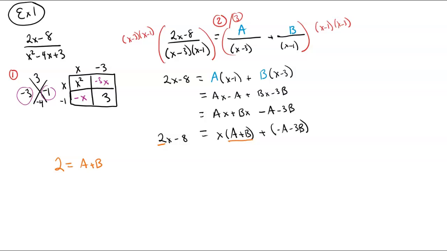Now for the other one, so let's change it to green. I have -8. So that's just a constant. Here I have no variable, so it's just a constant. So this becomes -8 is equal to -a minus 3b. So this is step number 4 right here.